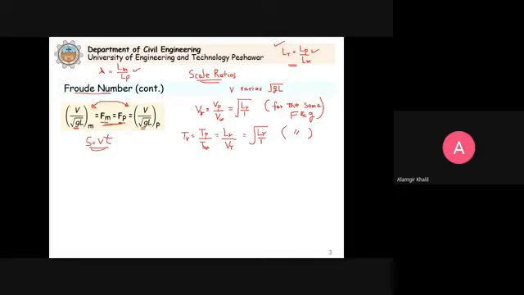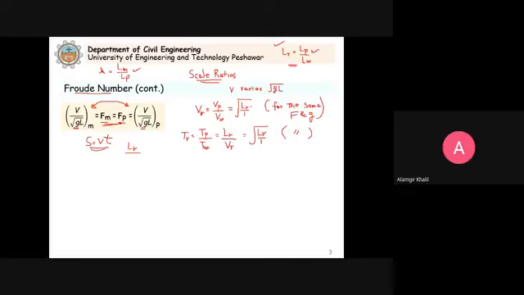You see, in case of the Froude number similarity, the scale ratio for velocity is the same as that for the time. Now how does this come about? This is easy, you can easily do it. Let me do it here. We have LR, the length scale ratio, divided by VR.